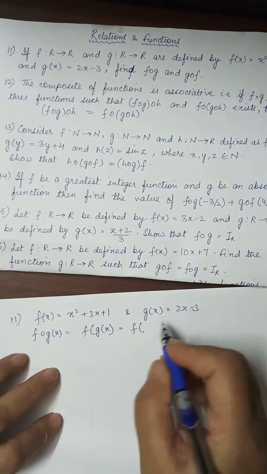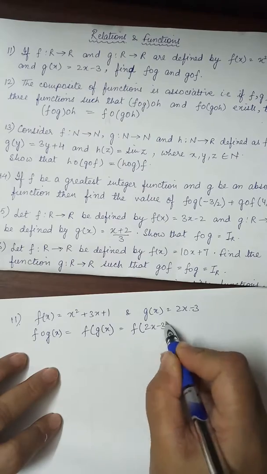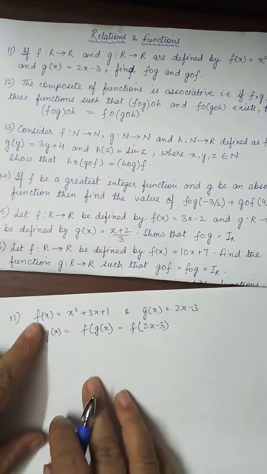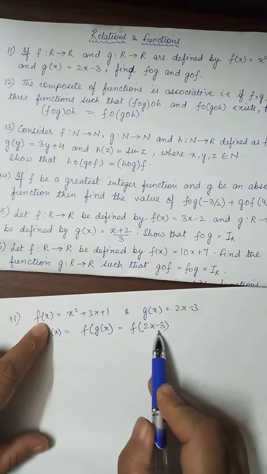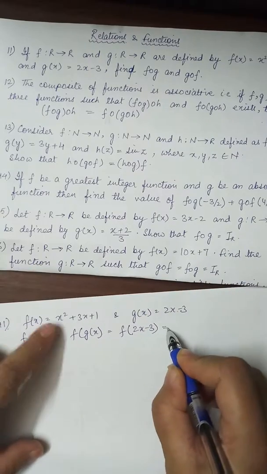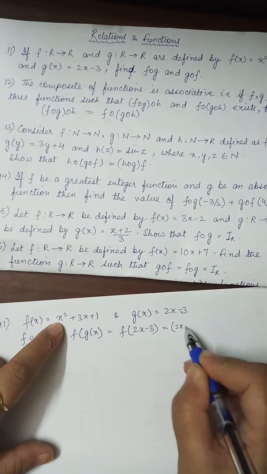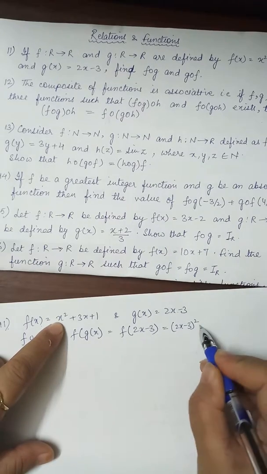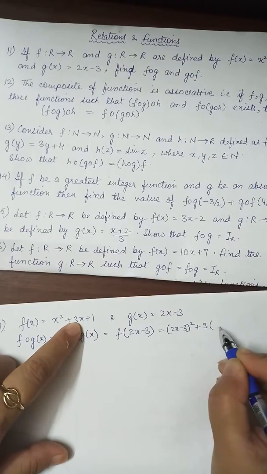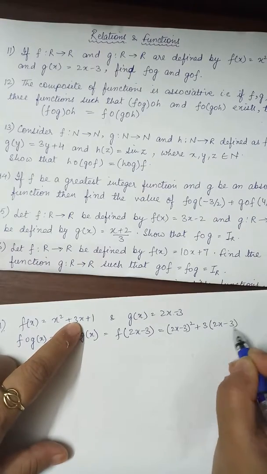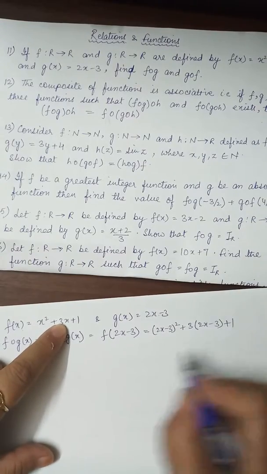So the function g(x) is 2x − 3, right? Now in place of x, wherever it appears in the function f(x), we have to put 2x − 3. So this can be written as (2x − 3)² + (2x − 3) + 1.